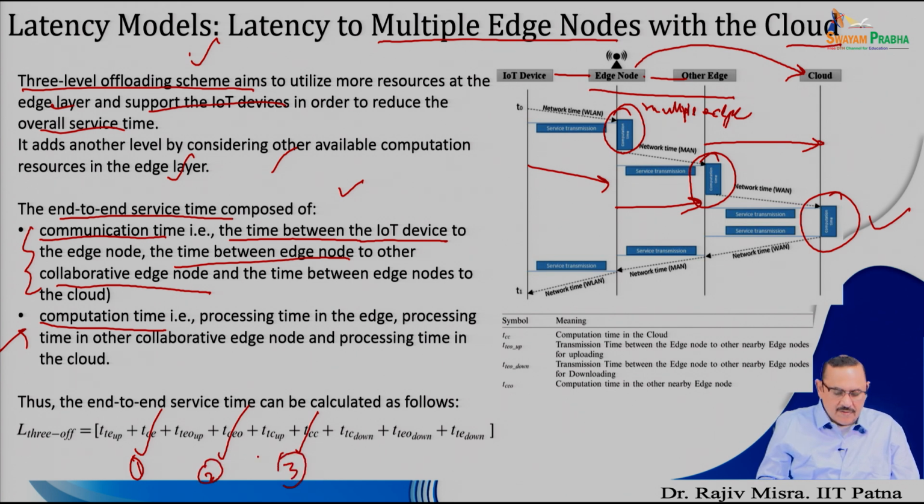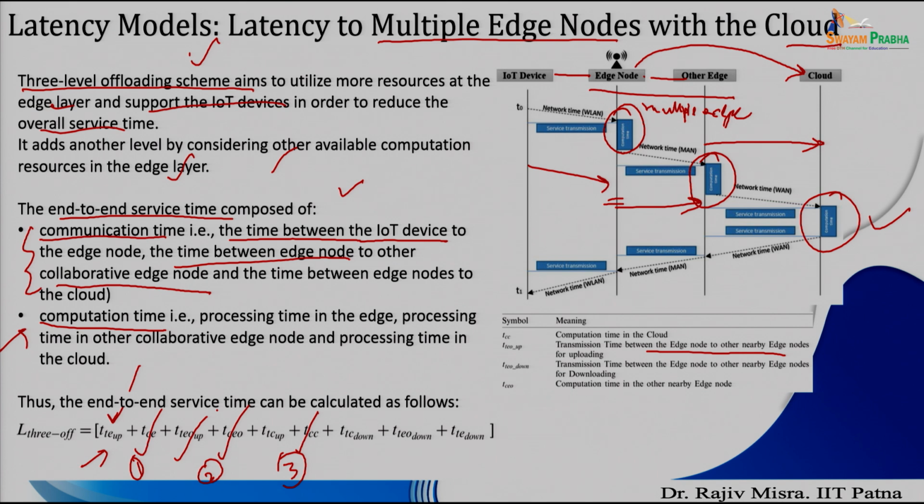the computation time. Whereas, for the communication time, if you see the offloading between the IoT device and the edge node, this is called the uploading time from the IoT device to the edge node, and then from the edge node to the other edge nodes, this is called the uploading time from the edge node to the other edge nodes, and then the uploading time from the edge node to the cloud, that is what is shown over here.